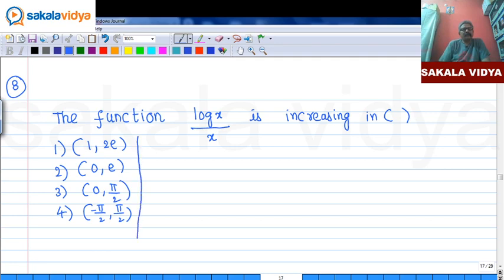The function log x by x is increasing in which interval needs to be evaluated.